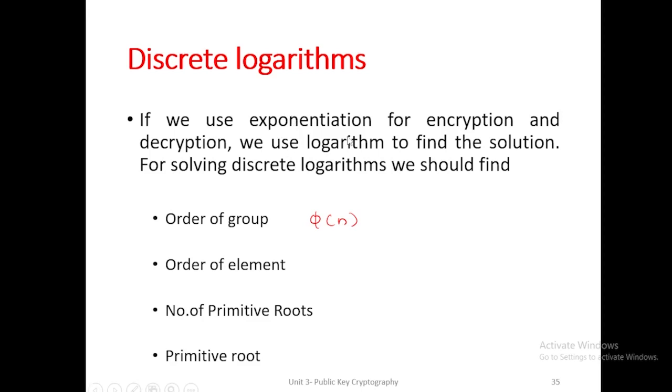If you want to find the value of that encryption or decryption, we should go for logarithm. Using the logarithm, we are able to find the order of a group, the order of elements of a particular group, the number of primitive roots, and the primitive root values of a group. So it is possible to find these values by using this discrete logarithm.